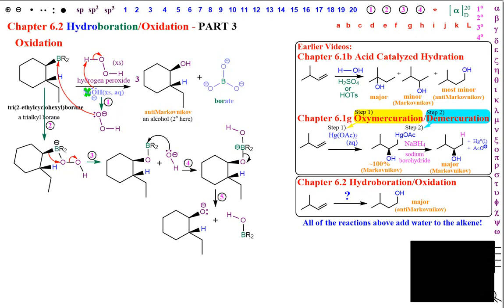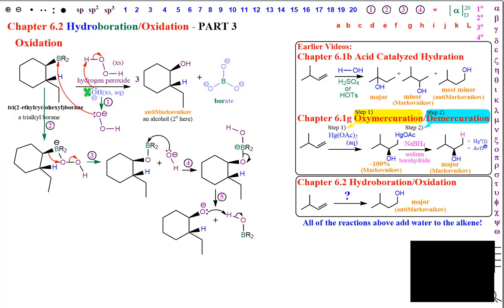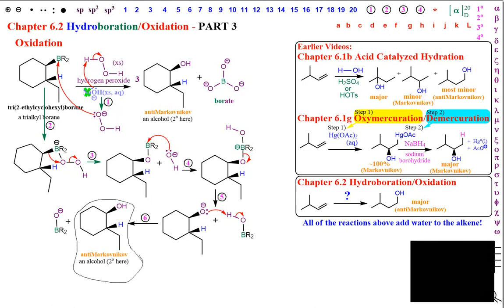Step 6, lone pair on oxygen attacks proton. Sigma between H and O becomes a lone pair on O, giving this result. We've got our first molecule of anti-Markovnikov alcohol. We've generated a boron with a resonating O-, that's a borate derivative.